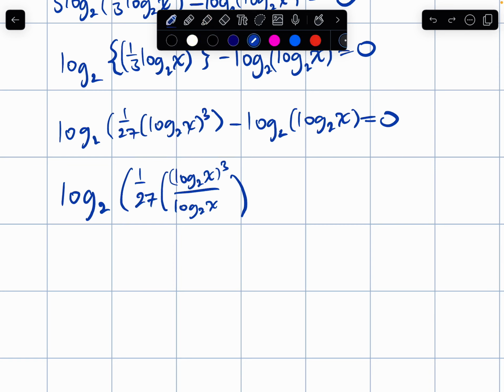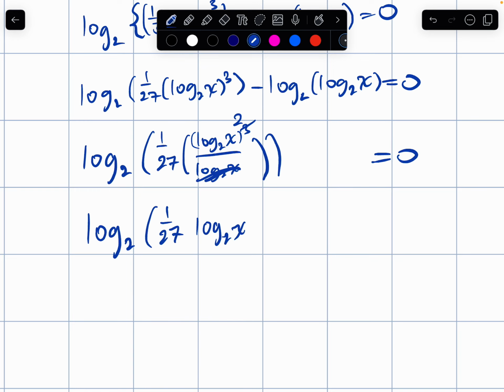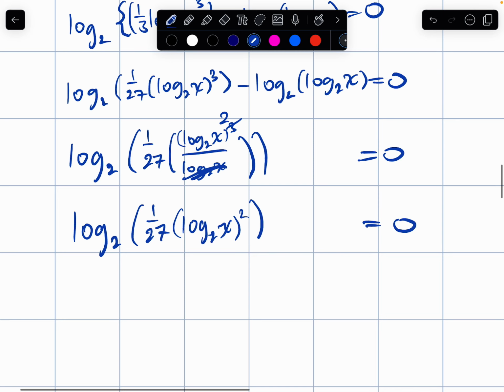Just to clear that up. So we get this equals 0, and this simplifies because that cancels and becomes a 2, and so we get log 2x squared equals 0.